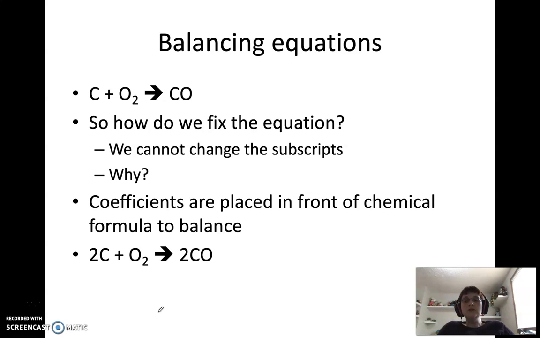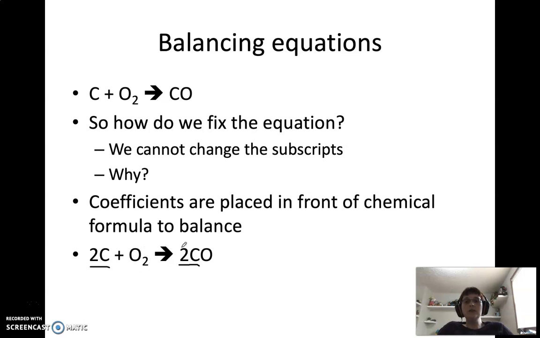So this is what the balanced equation would look like for creating carbon monoxide. Now we've got 2 carbons because the coefficient says that there are 2 carbons here, and it says that there are 2 carbons here. We have 2 oxygens because we already had that.